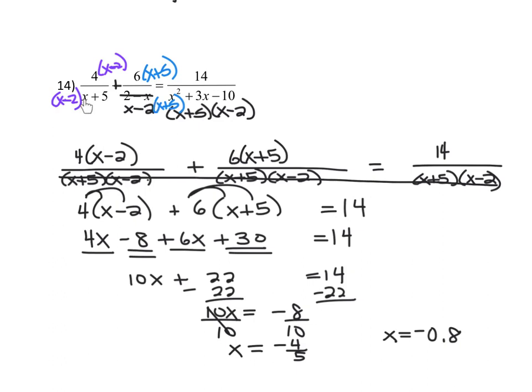So if I plug in -4/5 for x here, -4/5 plus 5 is not going to give me a 0, so that's okay. I'm going to go to the original fraction. 2 minus -4/5, that's not going to equal 0 either. And if you try to plug in -4/5 for both of these x's, it's also not going to give us a 0 anywhere, so -4/5 would be our answer.